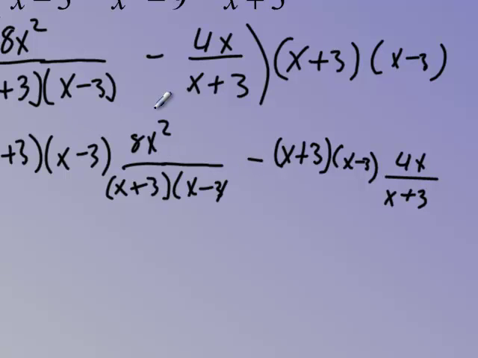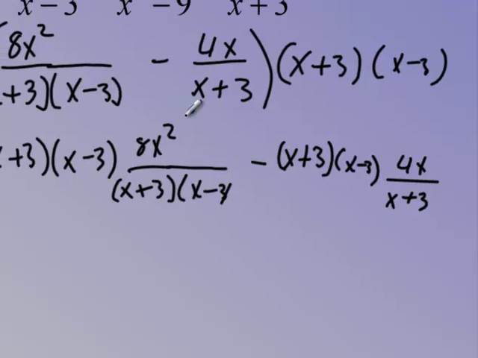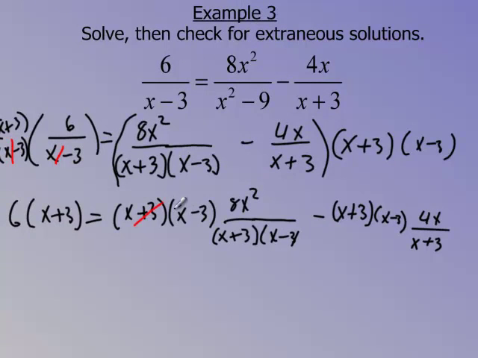And I can see that on this one the x plus 3 and x minus 3 both cancel out, leaving me with just 8x squared. And then I'm going to have just the x plus 3's cancel here.